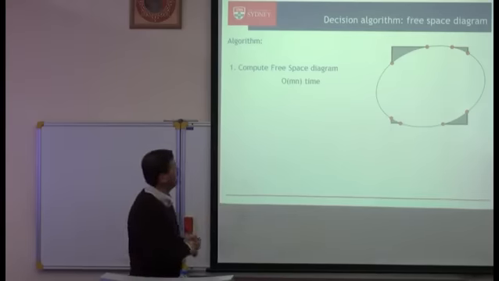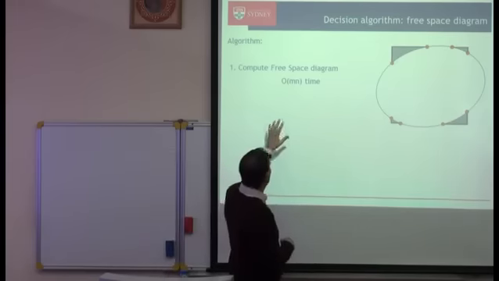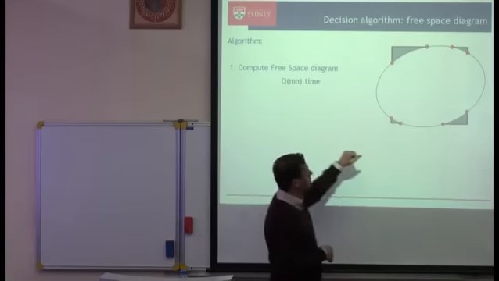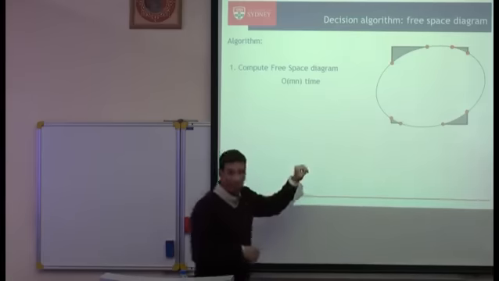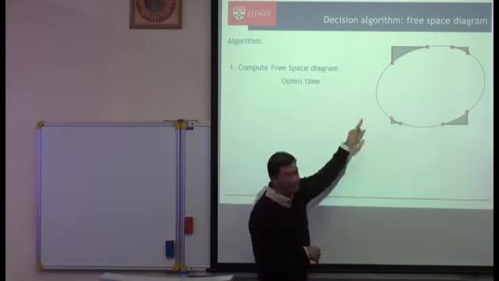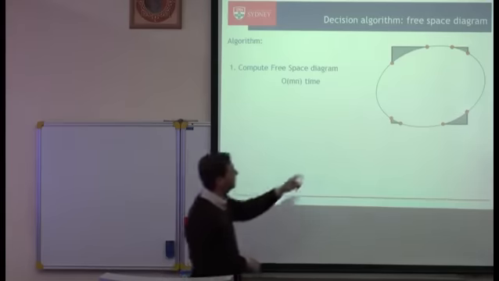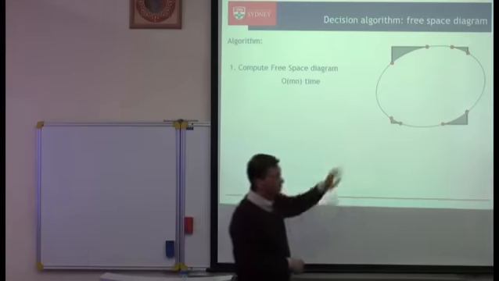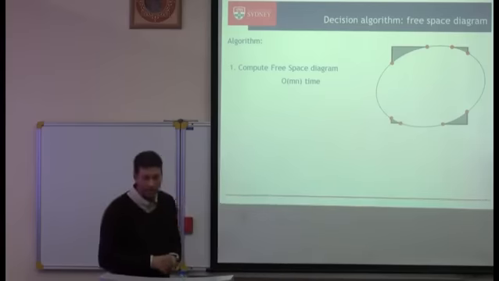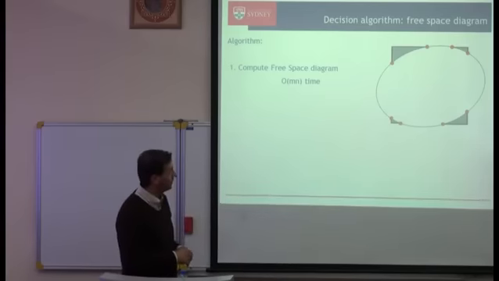Okay. So we can compute the free space diagram in m times n time. I'm saying more or less that for each cell we can do it in constant time. It's just the intersection between an ellipsoid and a square.